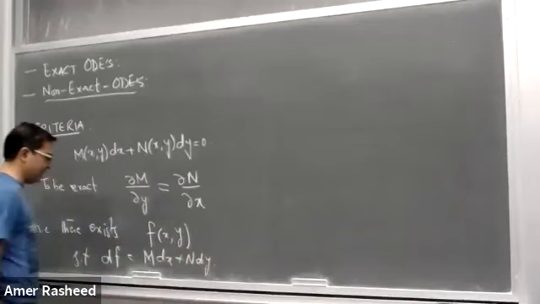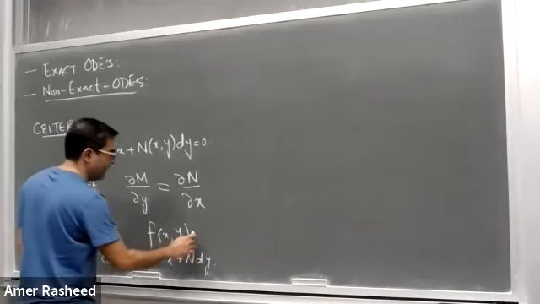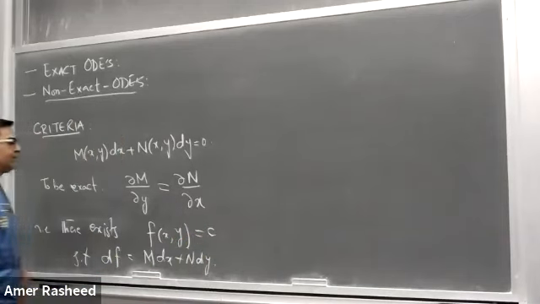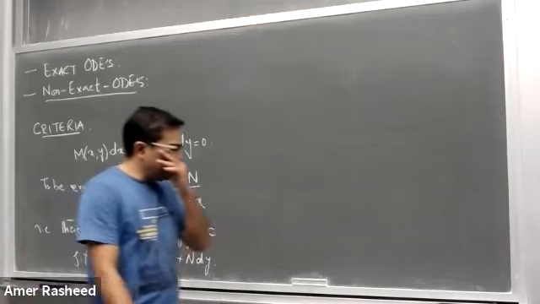This was the criteria. Then we say that f of x y is equal to c must be the solution of this differential equation. This was the procedure of finding exact equations.